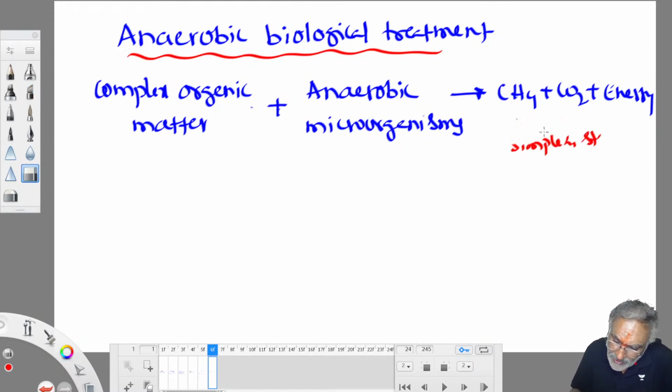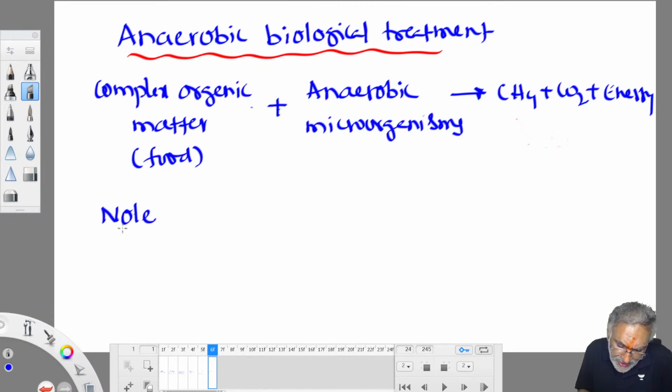So the end product of aerobic decomposition is carbon dioxide and ammonia. Anaerobic decomposition gives methane and carbon dioxide. But aerobic biological treatment happens very fast. Anaerobic biological treatment occurs slowly.